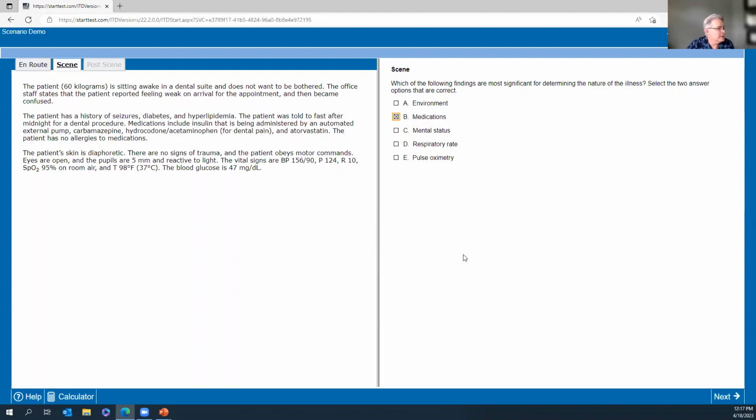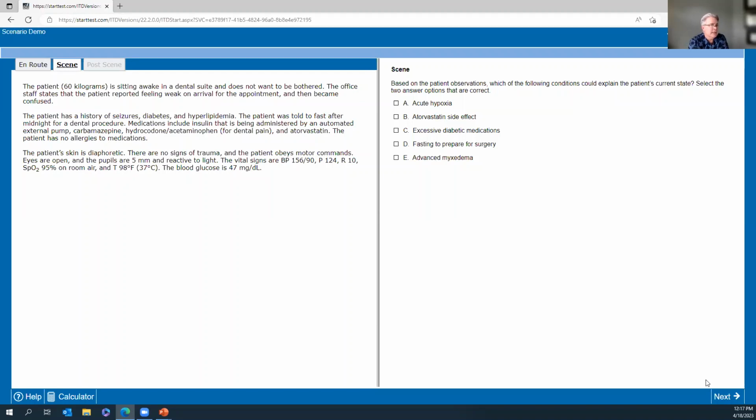They've been instructed to not eat after midnight, and now they have an altered mental status. The environment, I don't know is all that important. The respiratory rate at 10 is not abnormal. The pulse oximetry at 95% is normal as well. So if I were trying to determine the nature of illness for this patient, I would look at these 2 things as being very critical.